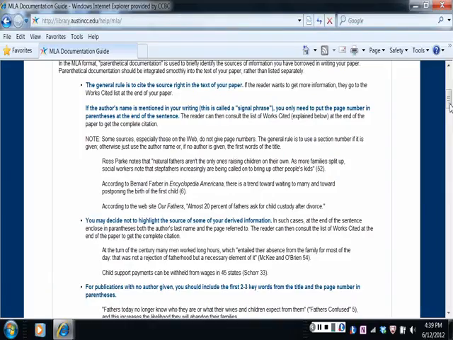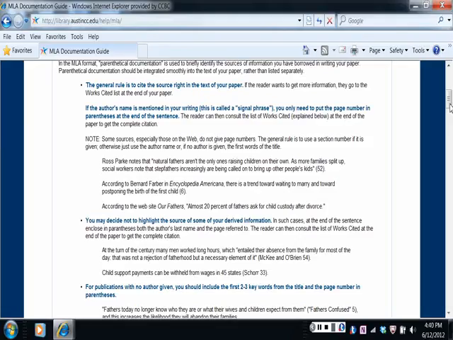If you have a website, then you don't have a page number and all you'll have is the author's last name. When you print something off the internet and it says number 1 out of 5, number 2 out of 5, number 3 out of 5, those numbers 1, 2, and 3 do not count as page numbers.